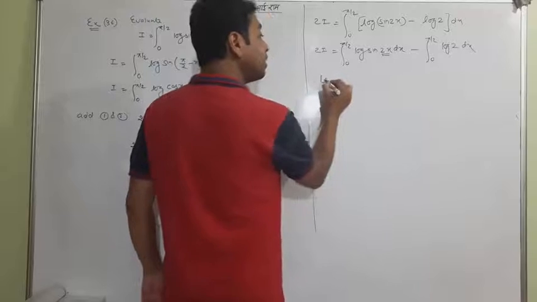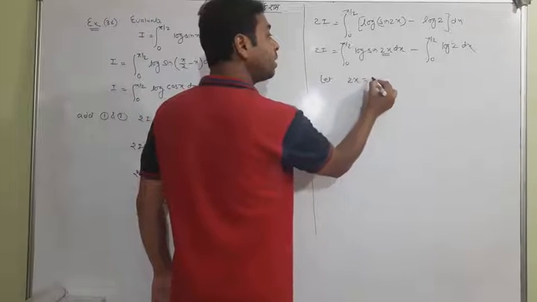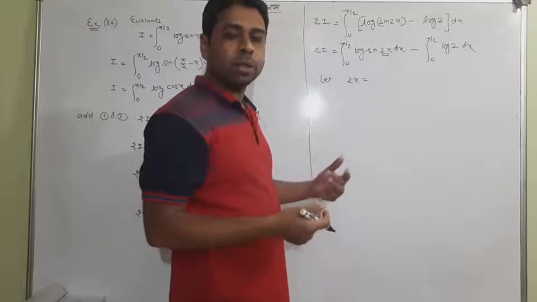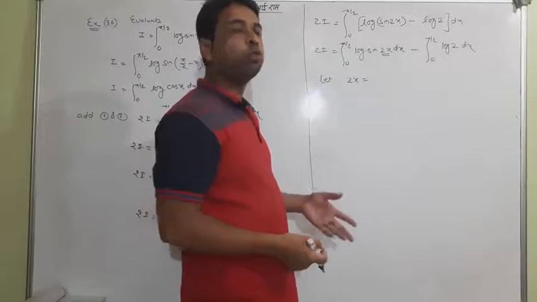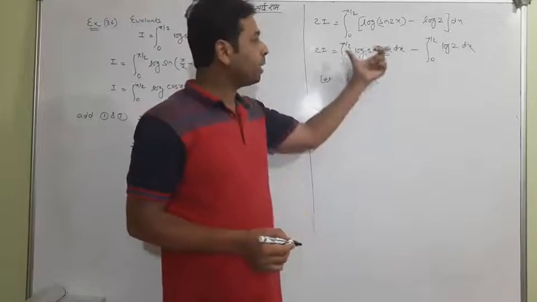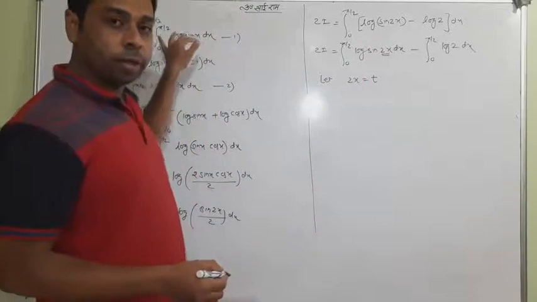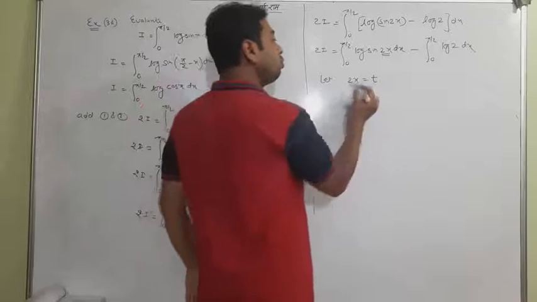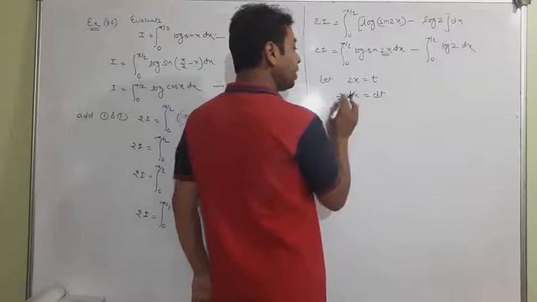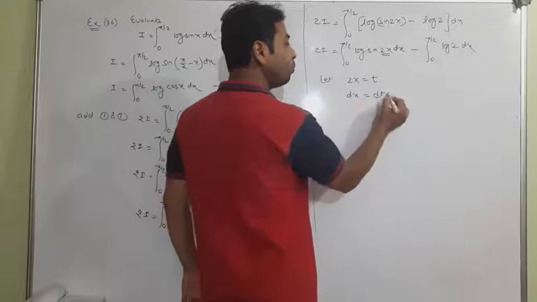So we consider 2x equal to, I can't take x directly now, 2x equal to x is a worst assumption. So 2x equal to t we will take, so that I could make this equal to that. So 2x equal to t, meaning 2 dx equal to dt, and dx is equal to dt by 2.